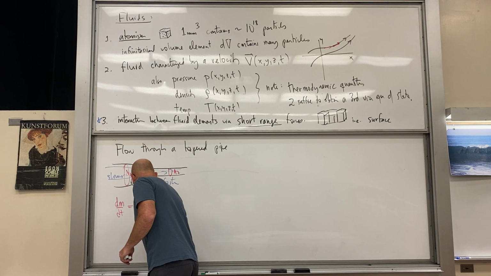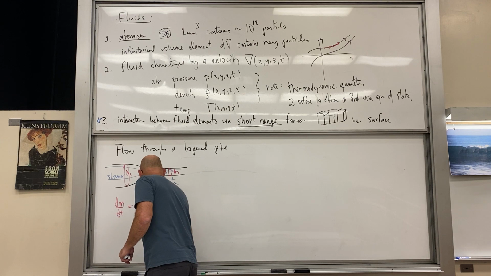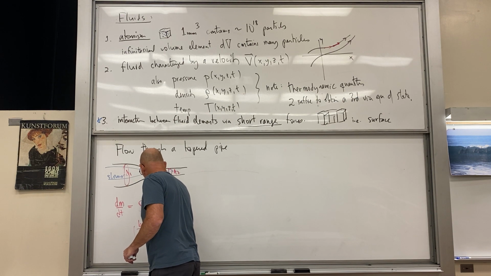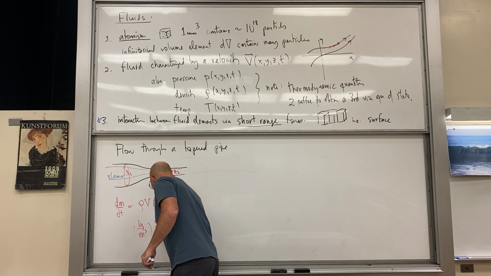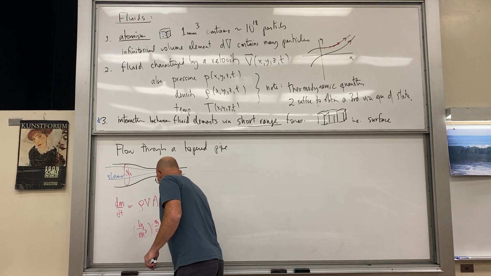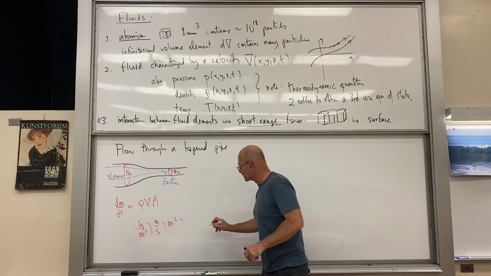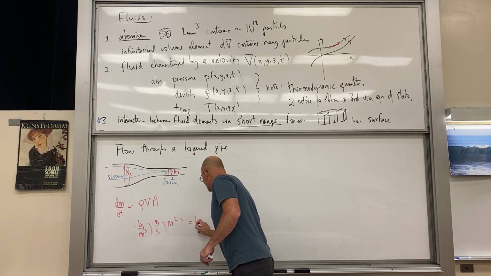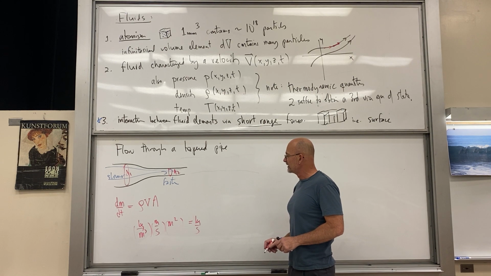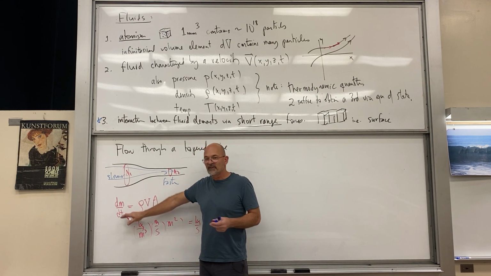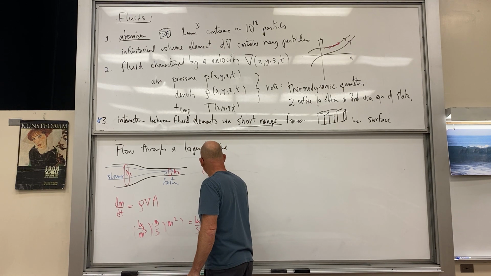Because we have kilograms per meter cubed, and then this is a v, velocity, not volume, so we have meters per second, and then meters squared, so we get kilograms per second. Mass per second. It's right here, conservation of mass.